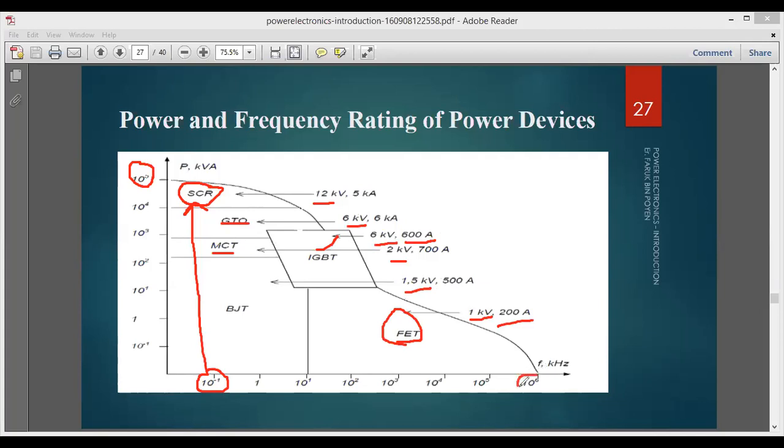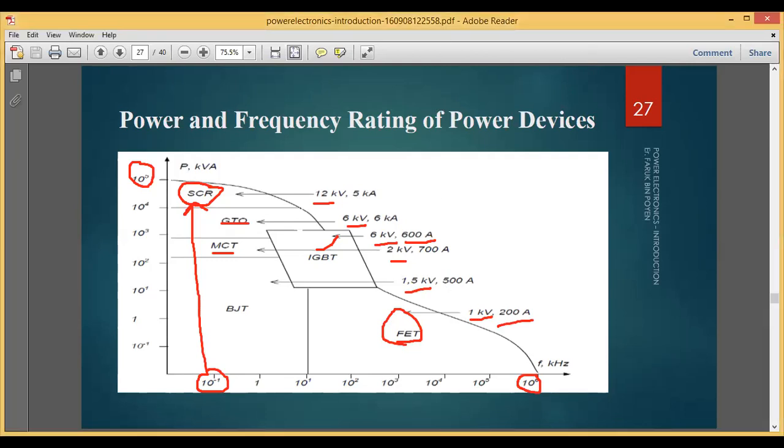But the frequency of utilization of these devices goes up to 10 raised to 6, which is more than the SCR. So whenever the frequency is higher, the power handled by those devices is very low. Based on the power and frequency rating, we choose the devices.